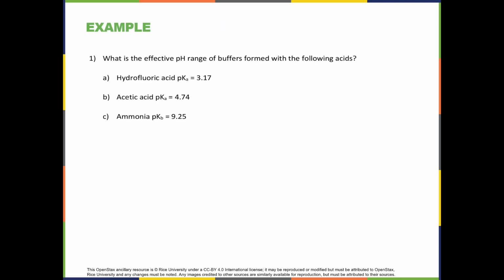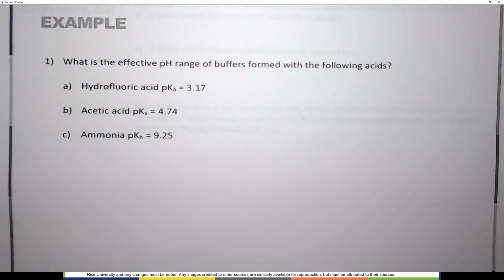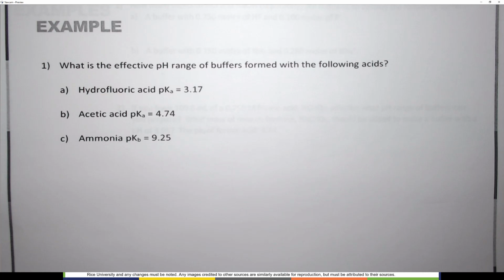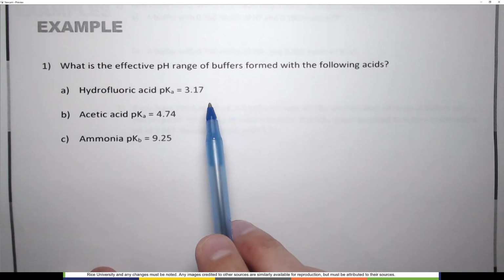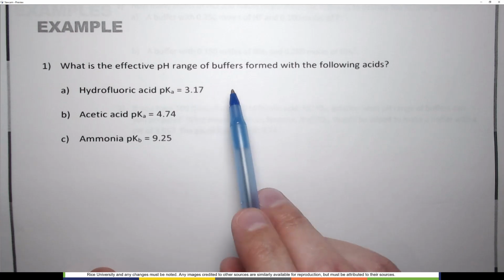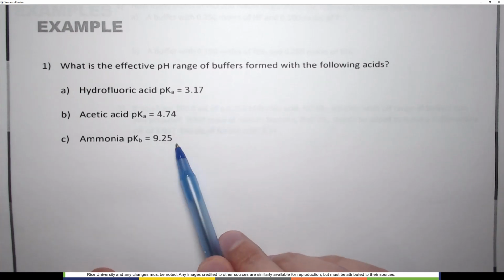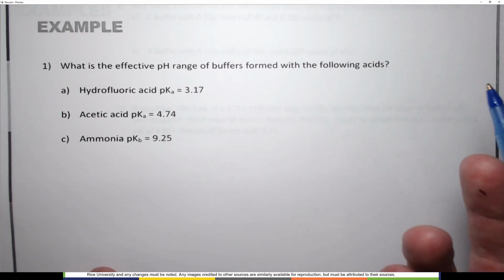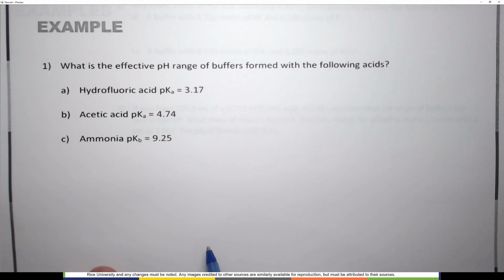Let's look at a very straightforward, simple question. It says, what is the effective pH range of buffers formed with the following acids? The take-home message is the effective pH range depends on the pKa of the acid or base. So that's what's going to determine the effective range.